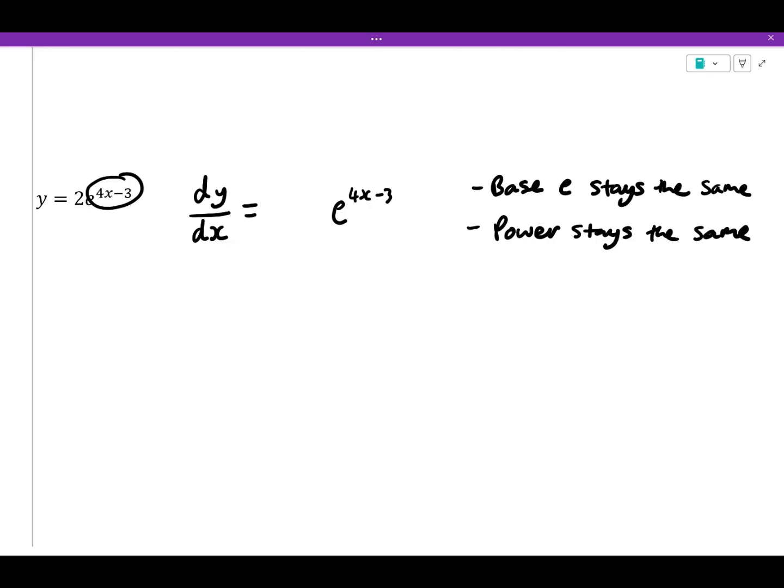And there's one other step that we do. We differentiate our power, which in this case gives 4, and we multiply by this value. Okay, so we'd write in the 2, and then we would multiply by 4 like that. And you can simplify it to 8, but I'm just going to leave it like that and make a note of the step I just did. Okay, so we multiply by the derivative of the power.